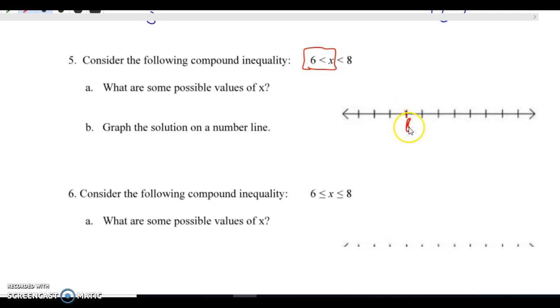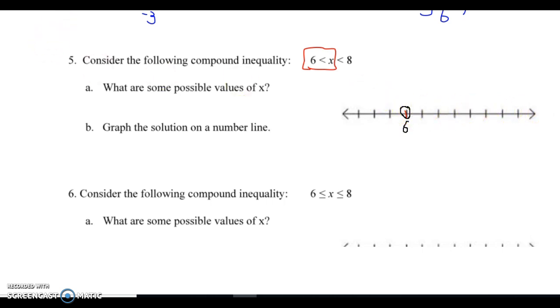I'm using a mouse to write, so just bear with me. Now that looks like an 8, so let's just go back. Okay, this might help a little bit. Okay, so 6, I want to shade in numbers that are greater than 6. That means there's going to be an open circle at 6, and these numbers on the right side would be greater than 6.